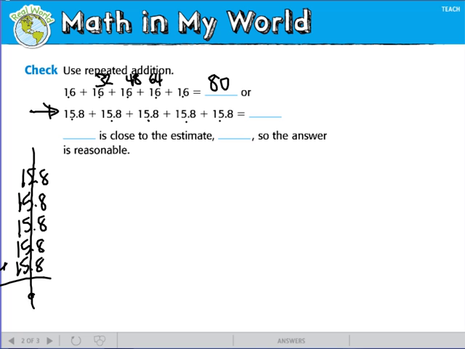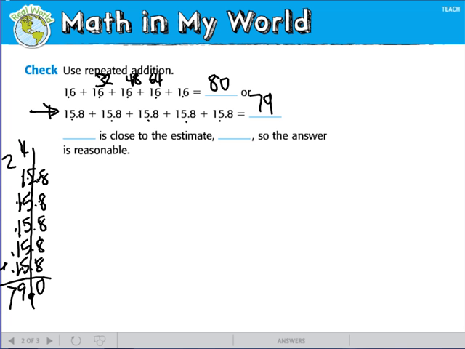All of my decimals are lined up, which means my decimal's going to be right here. So we have 1, 2, 3, 4, 5. 8 and 8 is 16, plus 8 is 24, 32, plus 8 is 40. 9, 14, 19, 24, 29. 2, 3, 4, 5, 6, 7. So we have 79. Is that what you got on your whiteboard? Yes. Fantastic.